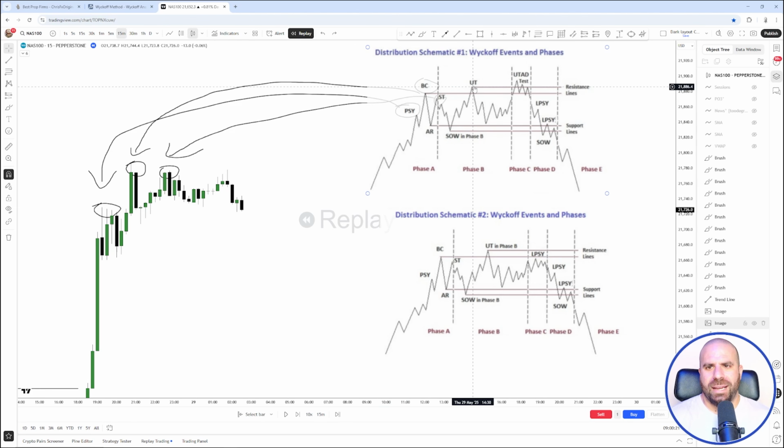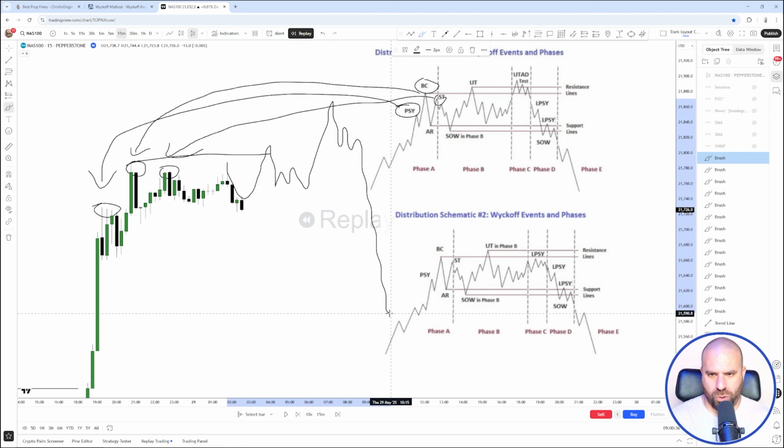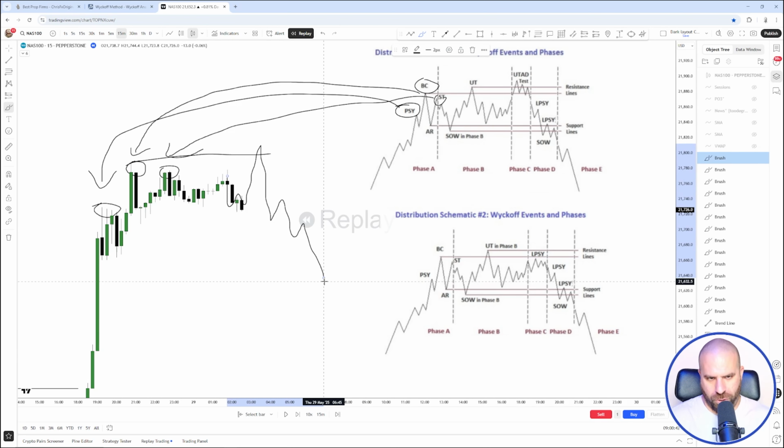So, regarding this, you can either have an upthrust, which goes above this area, so you can either have a break, then a retracement, and a second break above, and then you see the downfall, let's say, or you can just have an upthrust and then see the downfall.